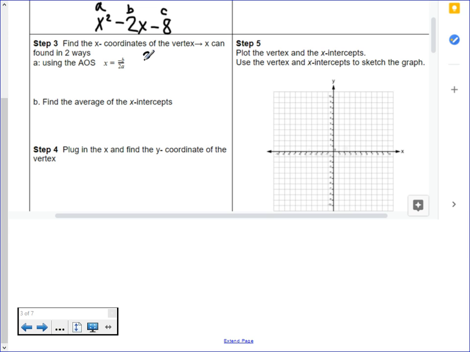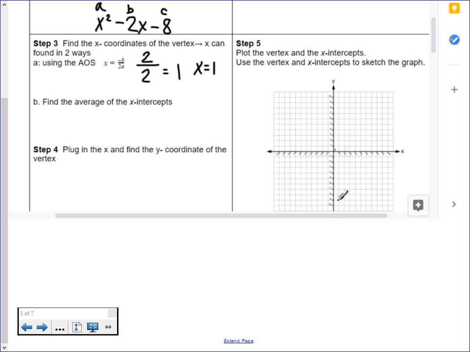So that'd be 2 divided by 2 times 1, which is 2. So that equals 1. So the first point in my vertex is 1. That's our axis of symmetry, x equals 1.